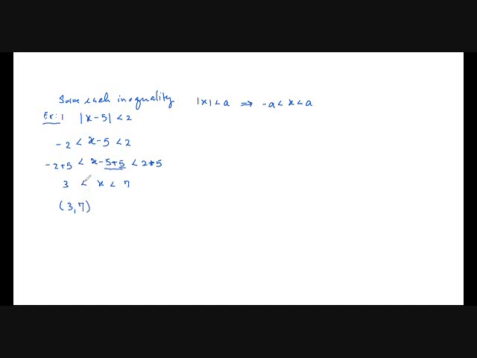It's the same meaning because there's no equal sign under the less than sign, so we use open dots for both sides. In this case, if we graph it on the number line, what will it look like?